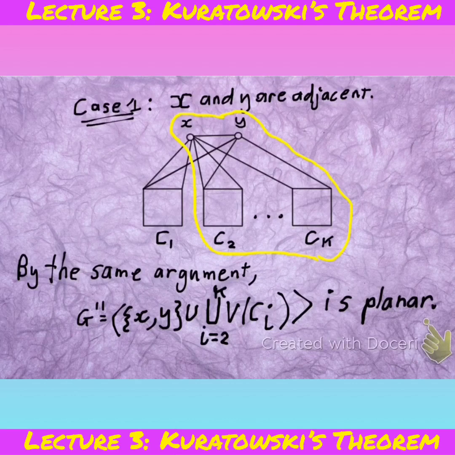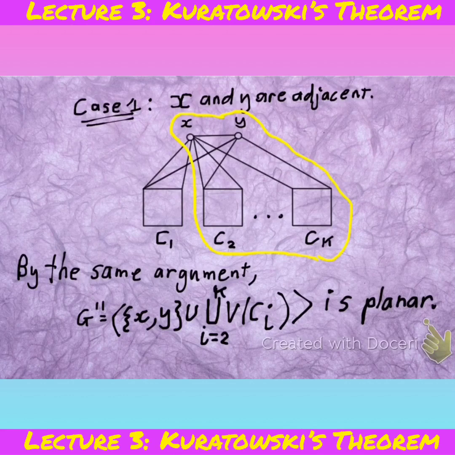That is another proper subgraph of G. So by our choice of G, this G double prime is also going to be planar, because it is smaller than G, and G is minimal with respect to the property that it is Kuratowski subgraph free and non-planar. So every proper subgraph of G has to be planar.